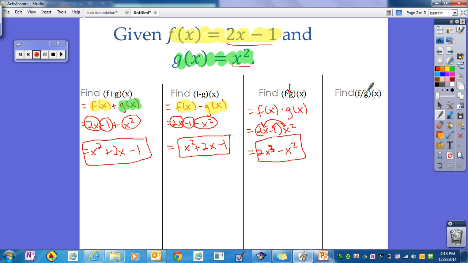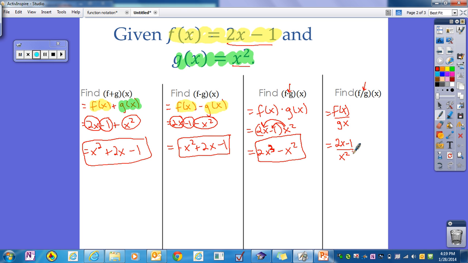And then my final one is f divided by g of x. Again, this means we're dividing, so that's going to be equal to f of x over g of x. We've already said that f of x is 2x minus 1, so we plug that in. Then g of x is x squared, so we plug that in. Now I have this.